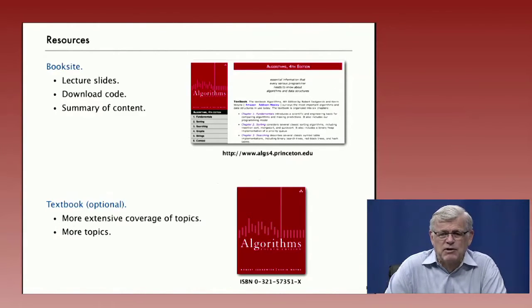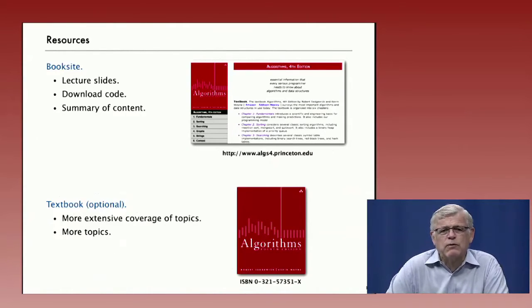In fact, many more topics than we can present in lecture. And then supporting that textbook is free online material that we call the book site. You can go to the book site to see the lecture slides, but more important, there's code, there's exercises, there's a great deal of information there. In fact, maybe 10 times what's in the book, including a summary of the content. So during this course, you'll be referring to the book site frequently while working online.